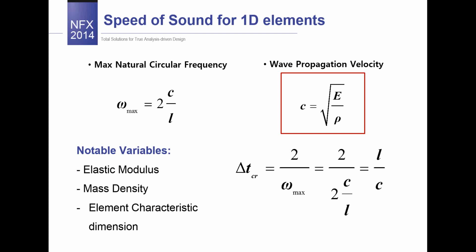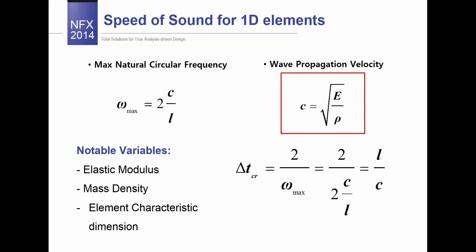So this condition implies that the time step is limited such that, let's say, a stress wave cannot travel further than the smallest characteristic element dimension in the mesh in a single time step.